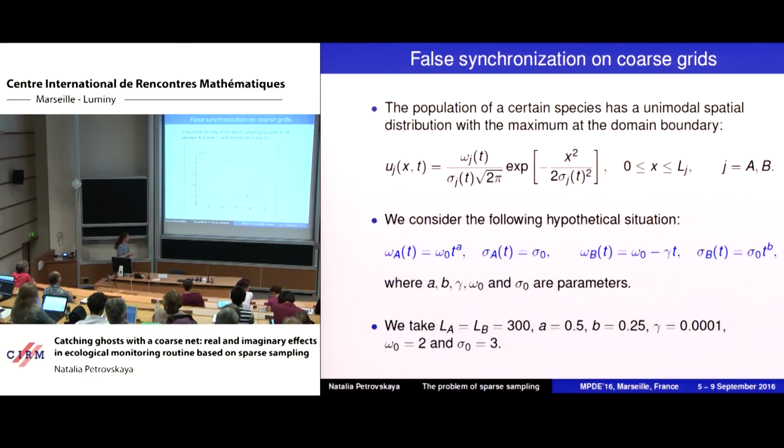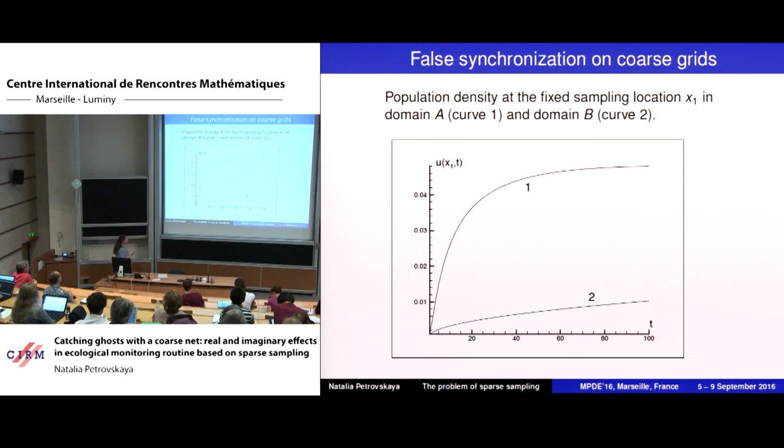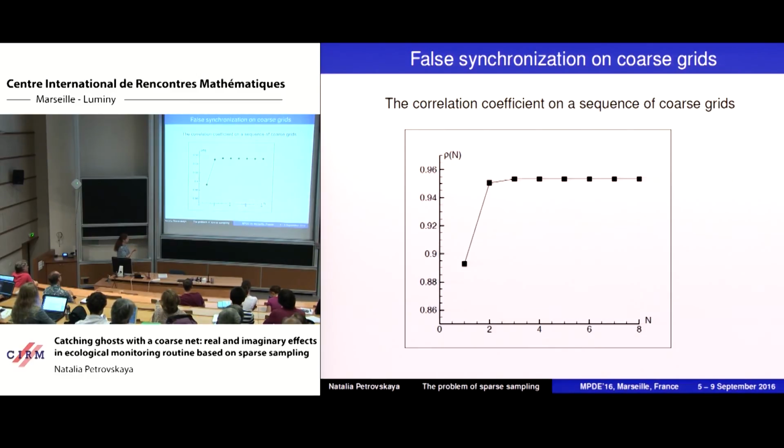In reality, it must be negative, and it's -1. But if we use just this point for sampling, then we must get a wrong answer, and this is confirmed. If we use just one sampling location, then we have something that appears to be strongly correlated.